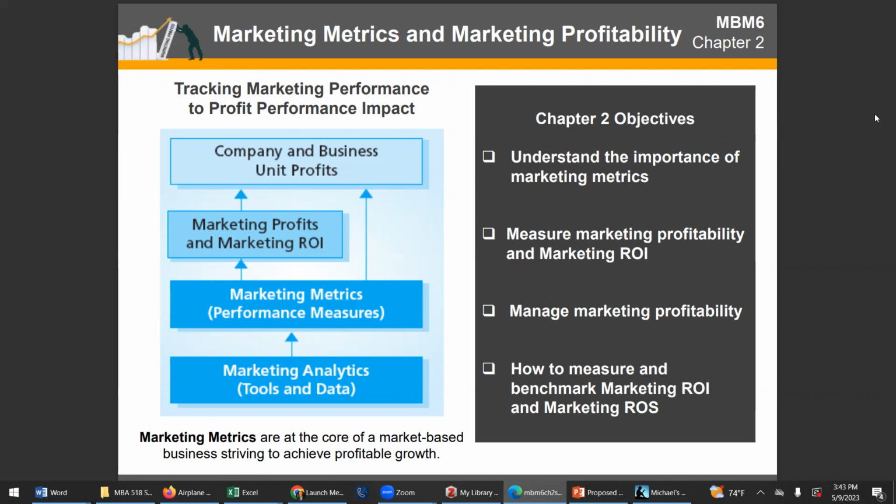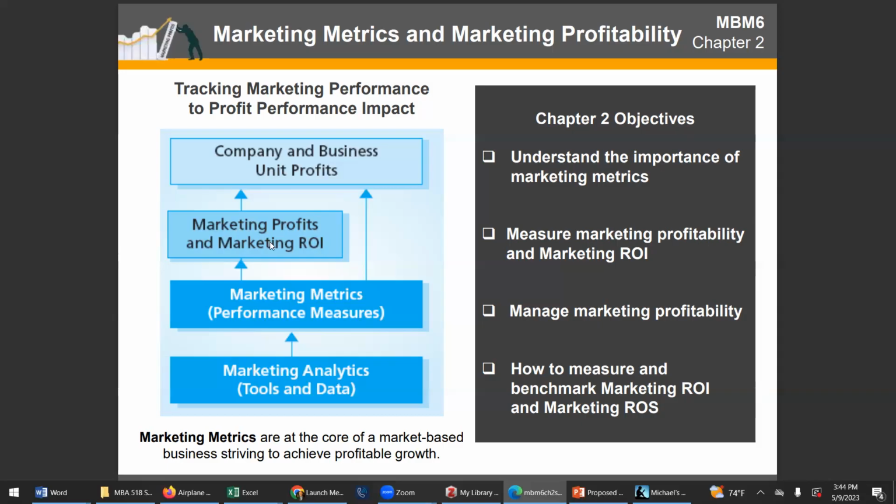So with that being said, if you look at this slide, what you can see is that from the perspective of marketing and innovation driving strategy within an organization, what we would argue is that marketing analytics or marketing metrics will indeed drive marketing profits, and we'll talk about how that's defined.